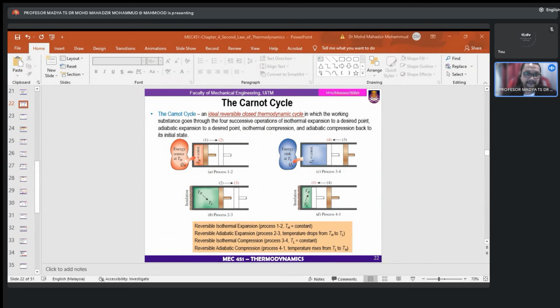A heat engine that operates on the reversible Carnot cycle is called a Carnot heat engine.